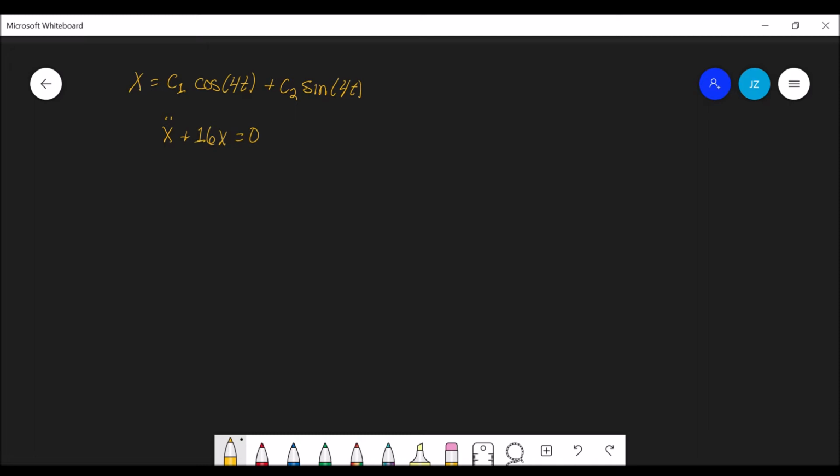Once we've done that, we're going to use the initial conditions x of pi over 2 is equal to -2, and x dot of pi over 2 is equal to 1, to find C1 and C2. So remember to first verify this is a solution.